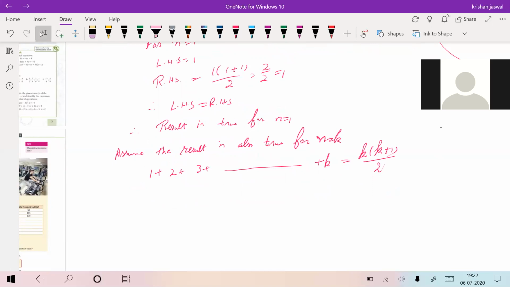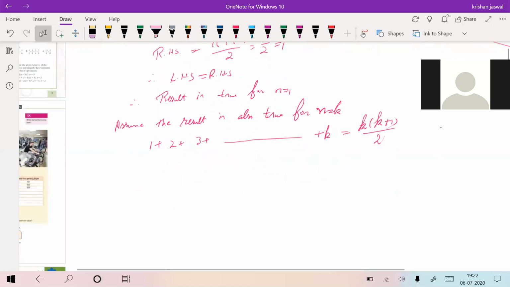Now we have to prove that the result is also true for n equal to k plus 1 with the help of this step. For this, always check the last number. What is the last number? k. This last term will tell us what we will add to both sides.